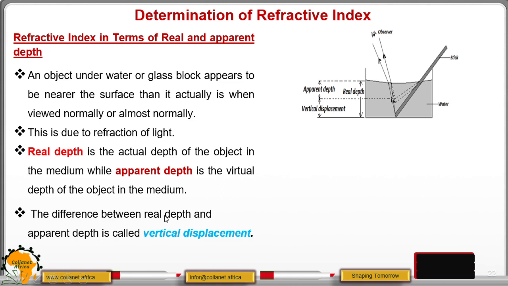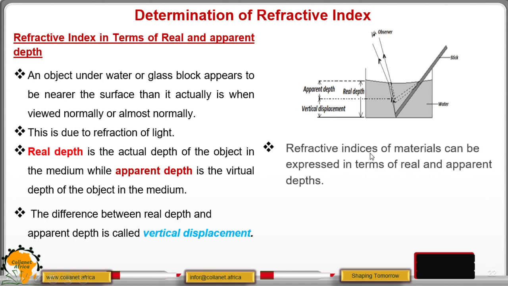The difference between the real depth and the apparent depth, we call the vertical displacement, as you can see in this diagram. We have the object touching the bottom of our beaker. Therefore, the real depth will be from the bottom up to the surface of the water. But now that object appears to be here. So from here to here is what we call the apparent depth. The difference between the real and the apparent depth is the vertical displacement.